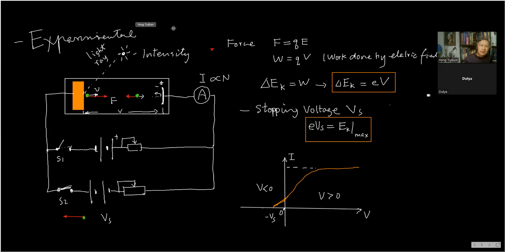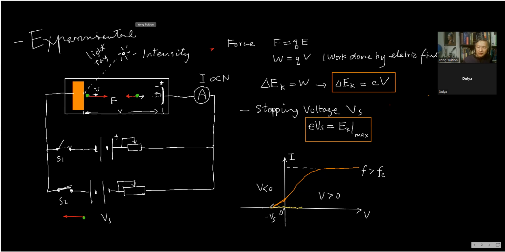In this case, the frequency is larger than a certain value. Can we say this is called frequency c? However, if the frequency is below this value, we detect no current.